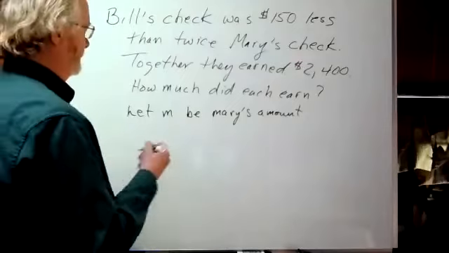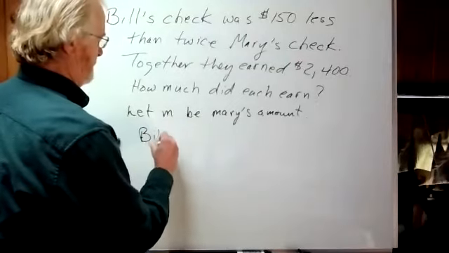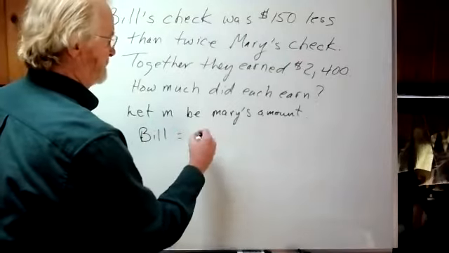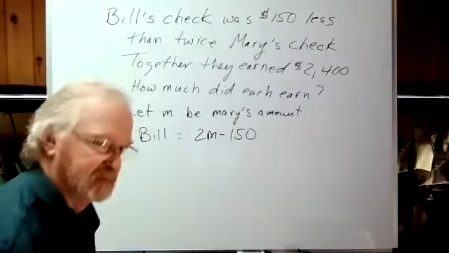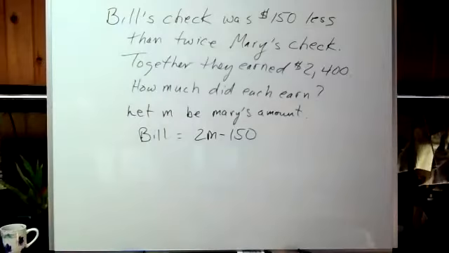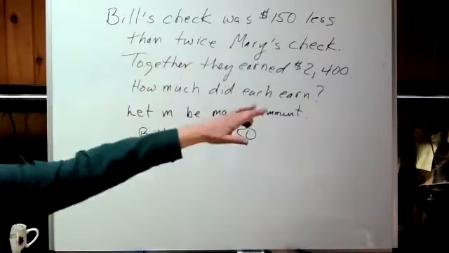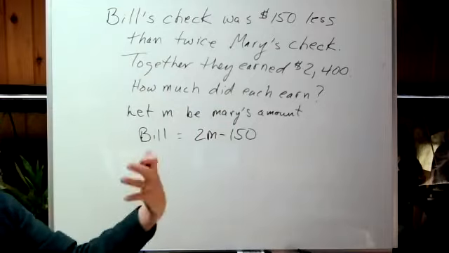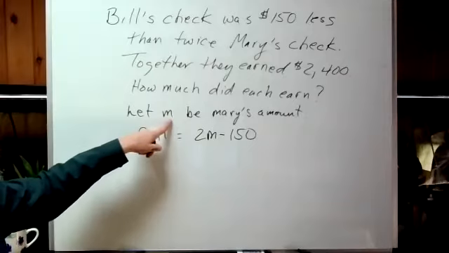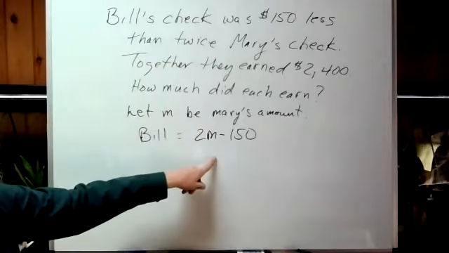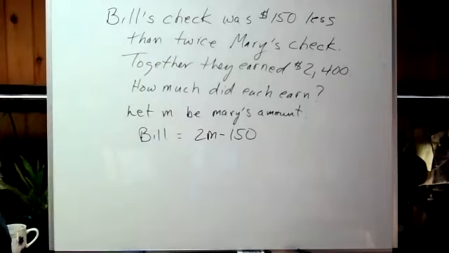Yeah, and I used M, so 2M minus the 150, that's Bill. Very good. Now it just says together, so I'm going to add those two expressions together. The plain old M plus this one has to equal the 2,400.